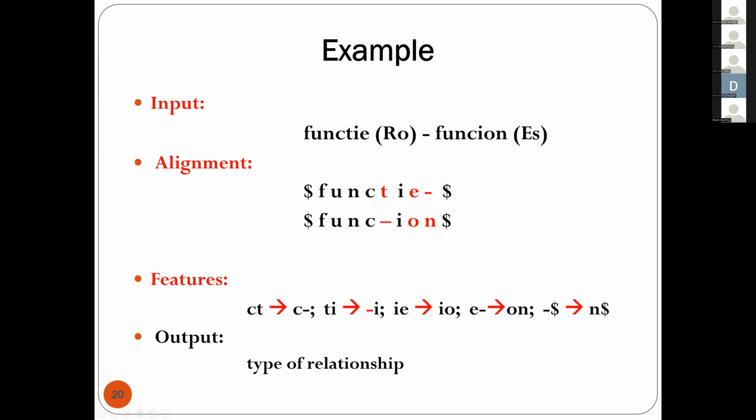We could have many alignments, and we have to choose one, because the cost is the same, the minimum cost. We have to choose which is the best when we have not only one alignment.